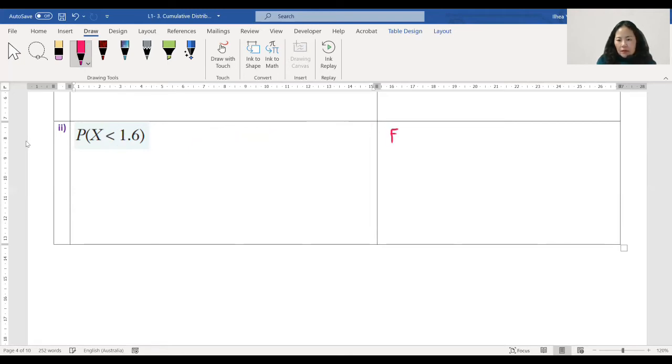F of 1.6. I'm going to substitute in 1.6 to the power of 4 minus 1, over 255. And you put that in your calculator, you'll get 0.0218. Therefore, the probability of big X being less than 1.6 is 0.0218.